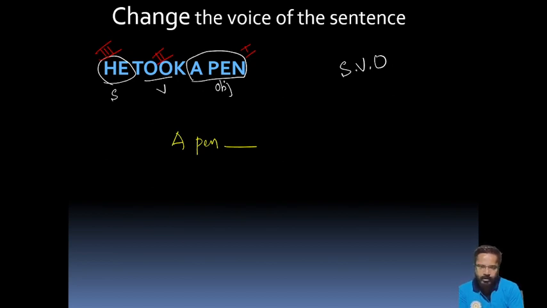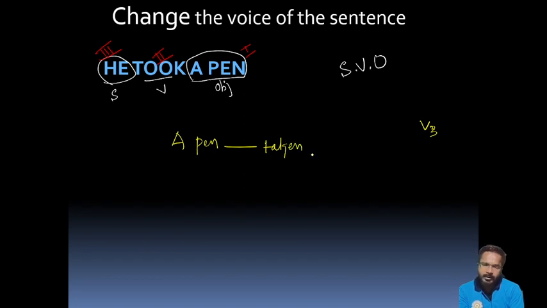So we know the reasons and rules that any verb that is in active voice, while changing into passive voice, becomes V3. Make it V3. The V3 form of took is taken.